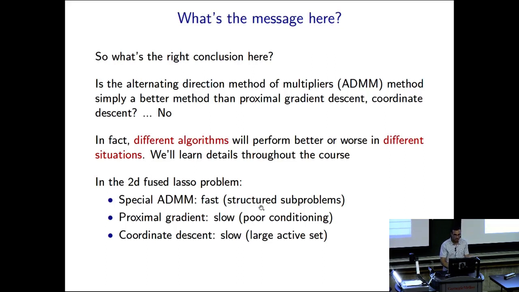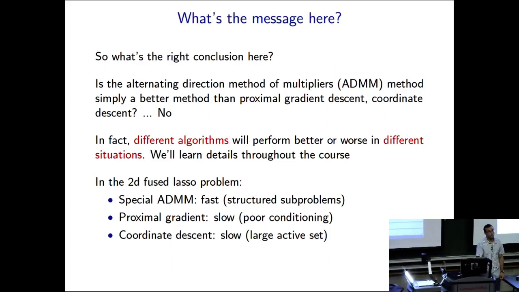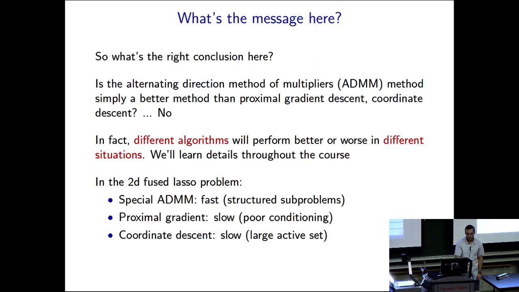Proximal gradient is slow in this case because of poor conditioning. If I go to the dual and you look at the criterion in which proximal gradient is working, if you look at the smooth part of the criterion, it has a very poor condition number. And what we'll see when we talk about gradient methods or first order methods in general is that they can suffer quite a bit from poor conditioning. So this just means that the criterion itself is very flat around its optimum.